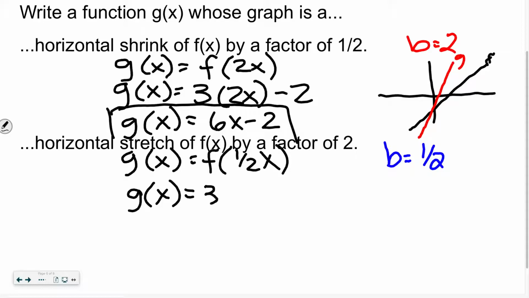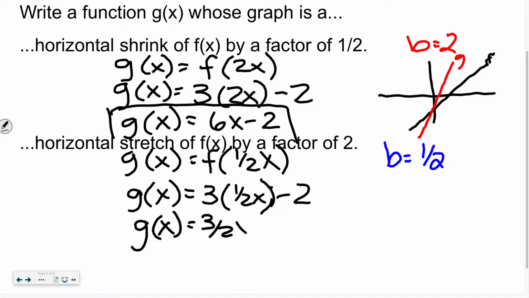Make the substitution, that's 3 times 1/2 x minus 2. And I love fractions. I'm not scared of them. I don't discriminate against them. Don't leave them out. So I'm going to leave my answer as g of x equals 3/2 x minus 2.